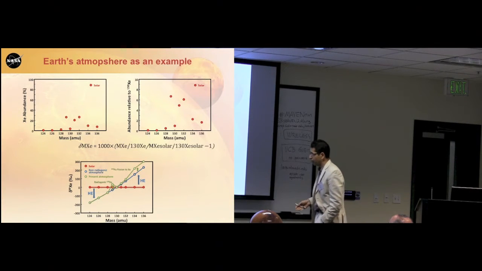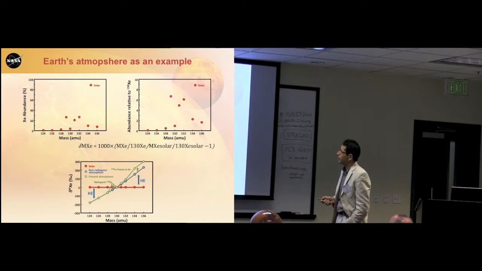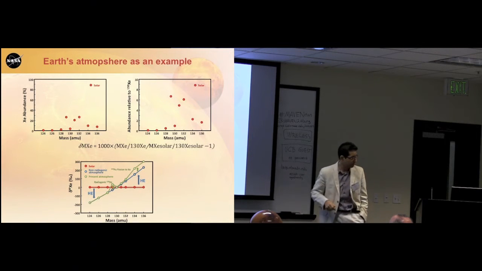It's actually abundant in the solar system. Here I put in the solar abundance, like we saw in the solar nebula and today in the sun. So you have the xenon abundance in percent, and obviously the most abundant one is 129.